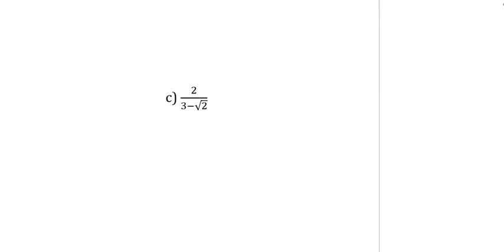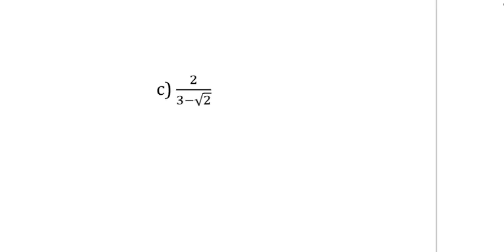What about this? What about when I have a sum or a difference in the bottom? How do I get rid of that radical? This is where we use our really cool conjugate. And I multiply by 3 plus root 2 over 3 plus root 2.